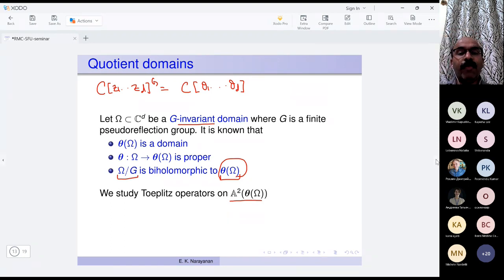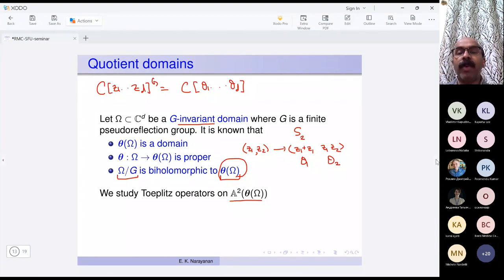If you go back to the example of S_2, the map is, in fact, how I defined the symmetrized bidisk: z_1 + z_2, z_1 z_2. These are the basic polynomial maps, so this is θ_1 and θ_2 here. The image is my quotient domain.